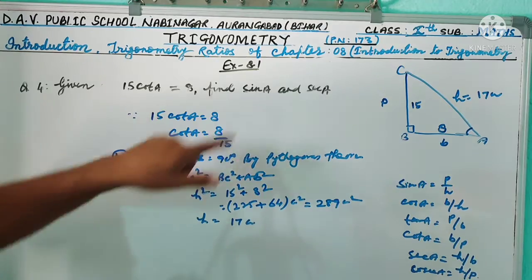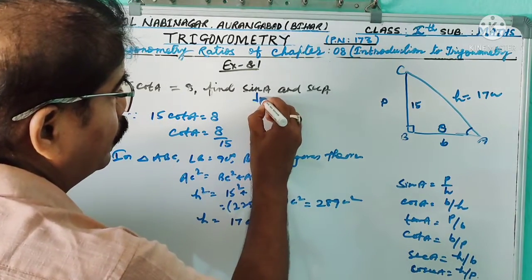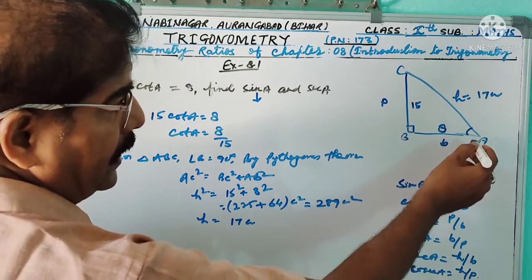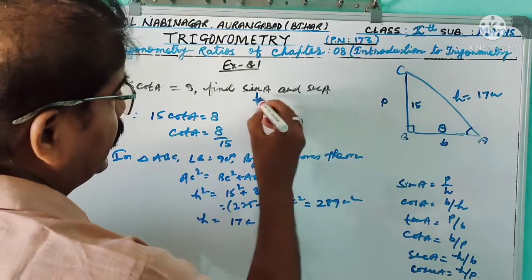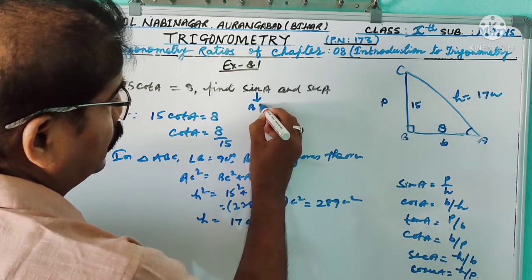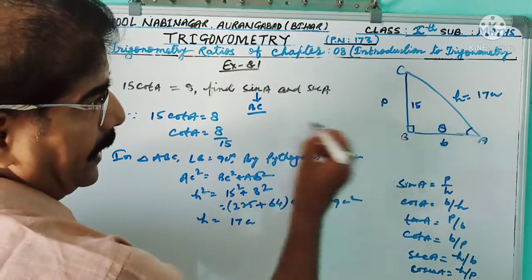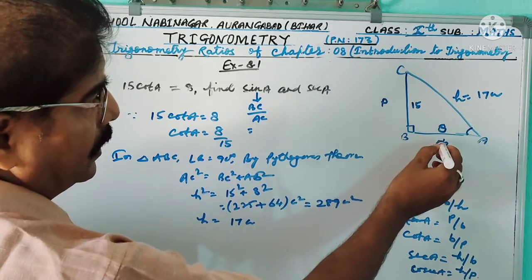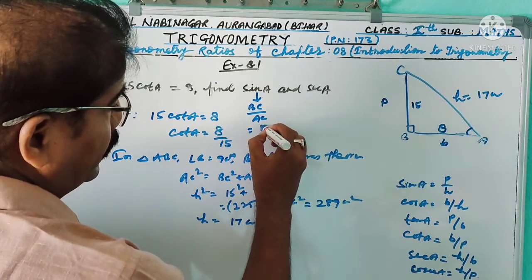Find sin A. So sin A equal to P by H. So P is BC. So sin A equal to BC by AC, BC by AC equal to 15 by 17.